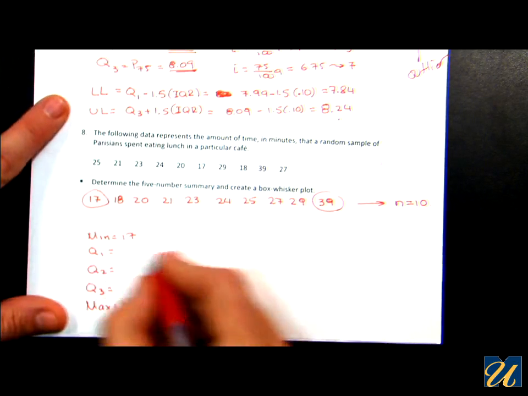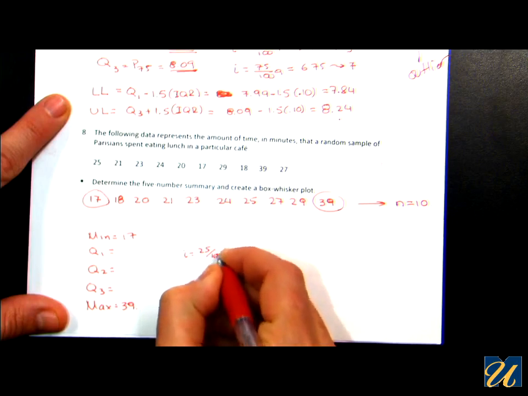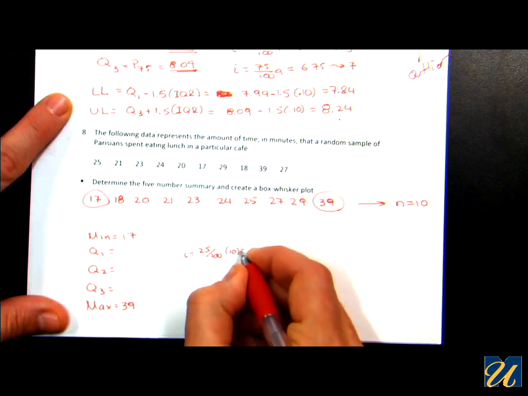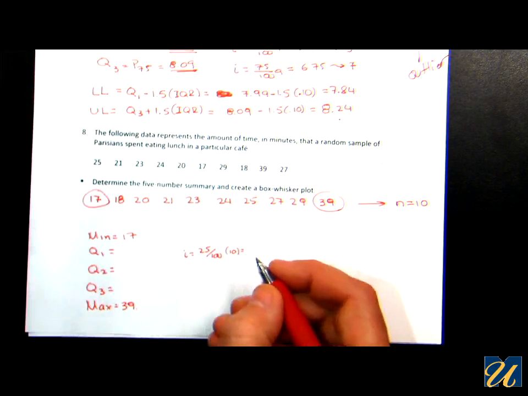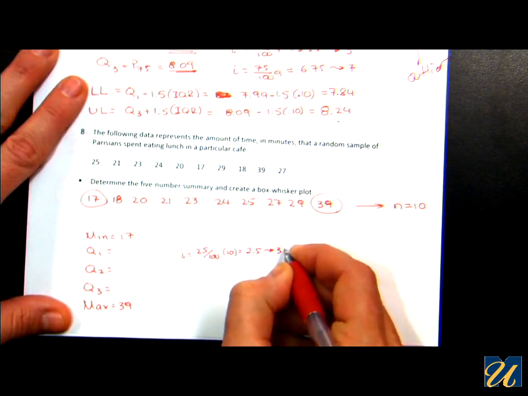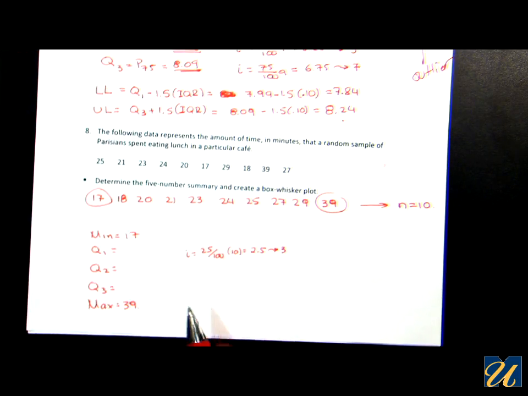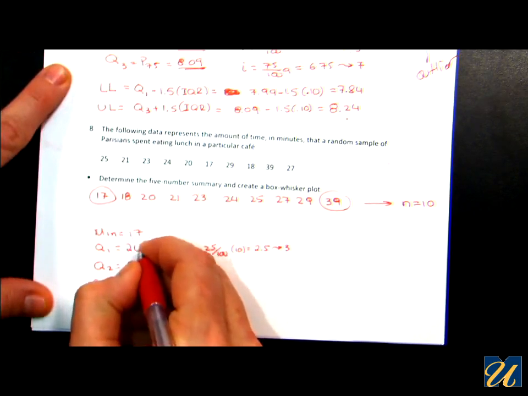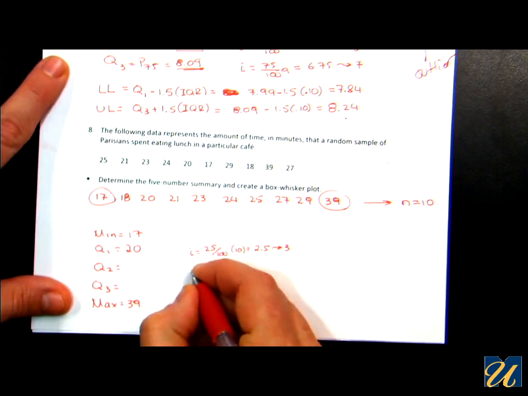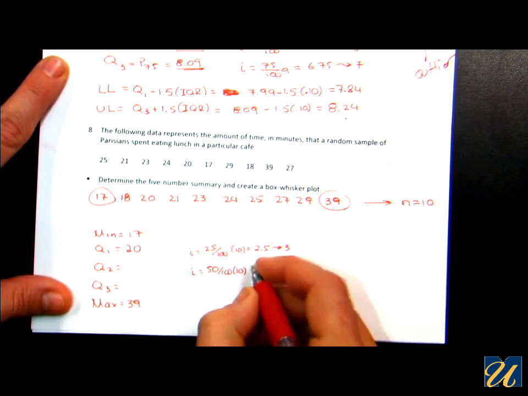So, for Q1, i will be equal to 25 over 100 times 10. This is 2.5, which I round up to 3, and I take the third ranked observation. The third ranked observation is 20. So Q1 is 20. For Q2, 50 over 100 times 10. This is going to be equal to 5.